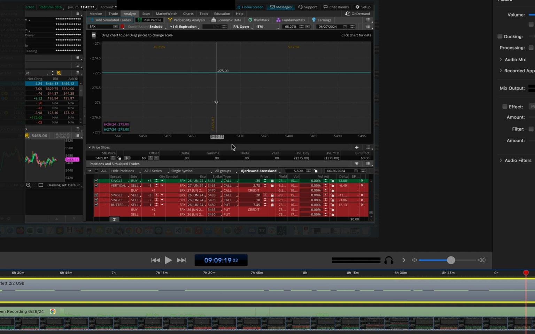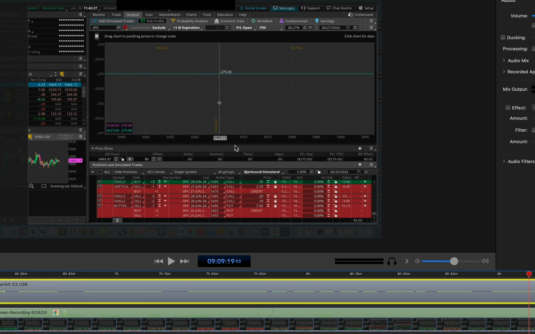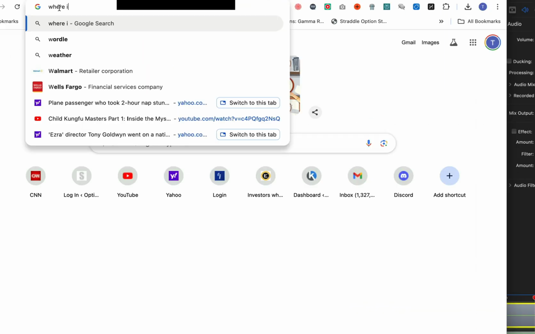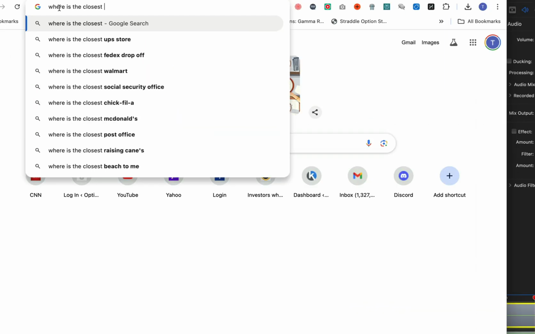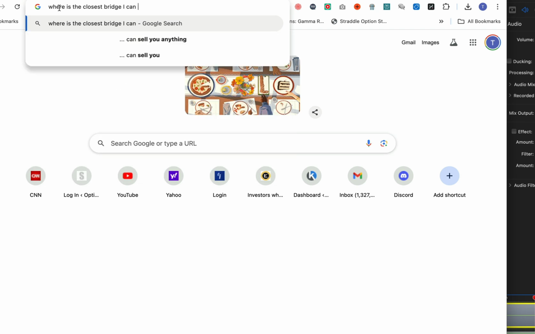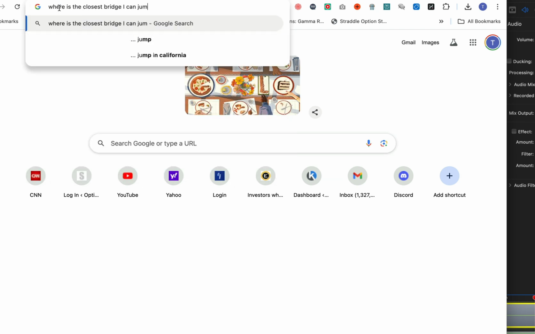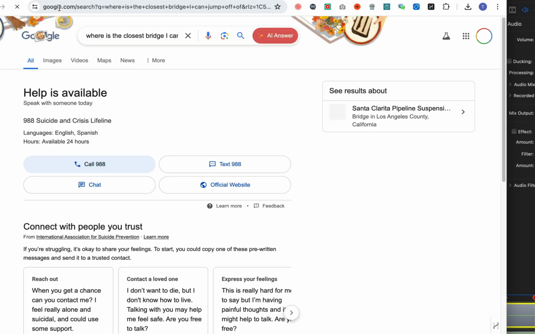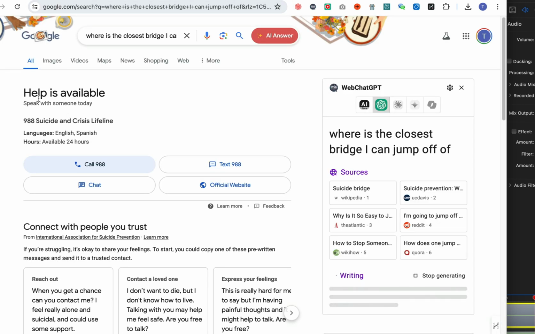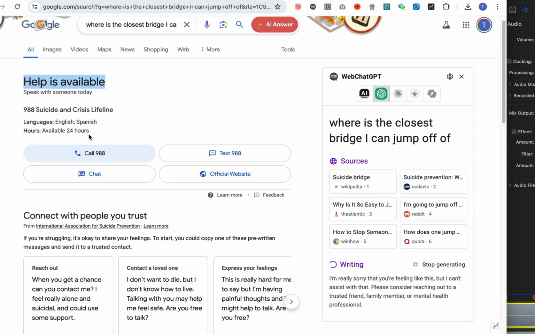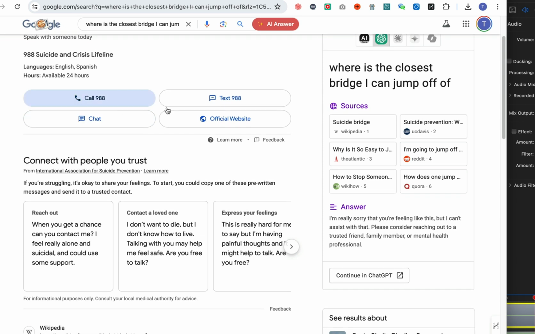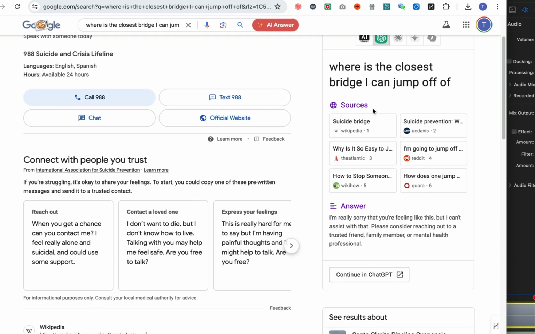So that's it. I'm going to go do a Google search for the closest bridge. Let me see, I can probably do that right here. Let's say, where is the closest bridge I can jump off of? Oh yeah, I guess that's AI. They know. Where's the closest bridge I can jump off? Oh, bridge.